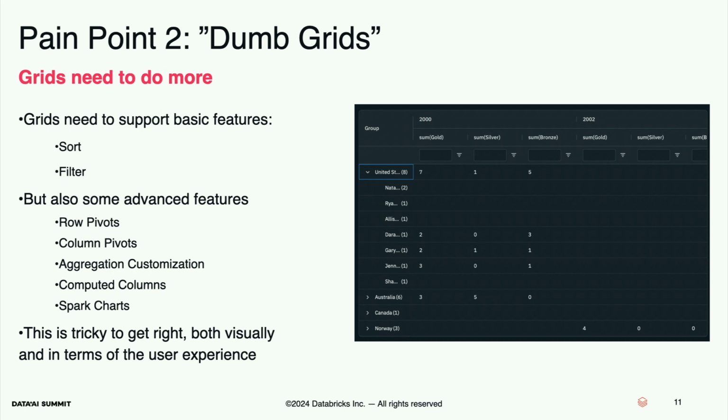Some of them might support Spark charts, some of them might support pivoting, but it's definitely not a given, right? And then on the other end, even if you use some of the more advanced tools out there, you can end up in a situation like this screenshot where you have a low density of information, right? A lot of blank space, a lot of space taken up by configuration.